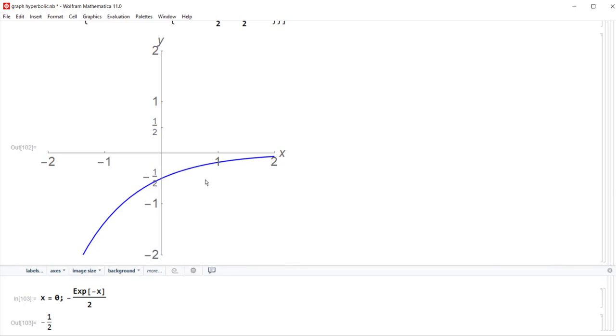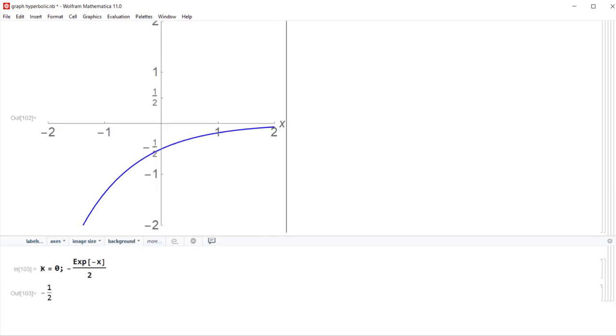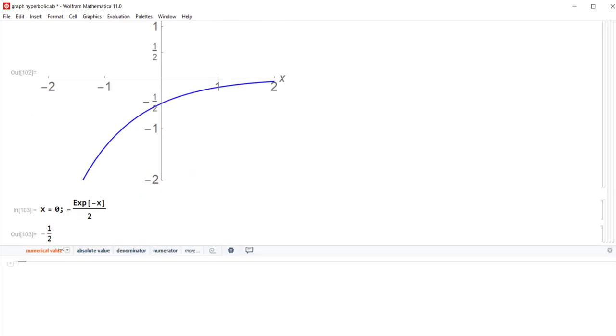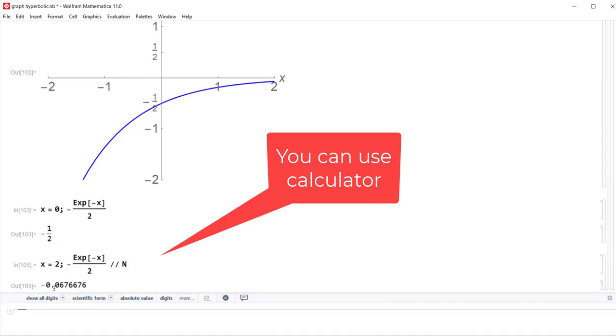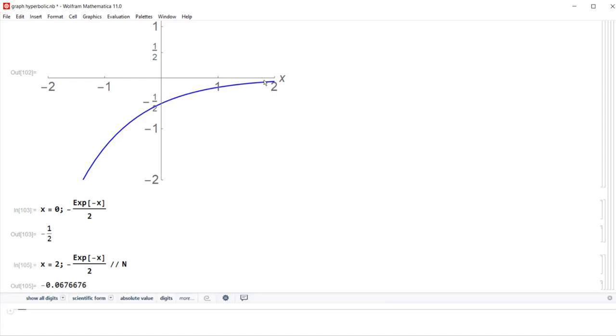Then you can substitute other values. Let's say x equal to 2, you will get negative 0.06 something.